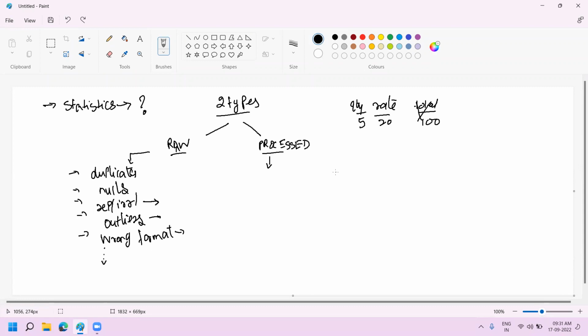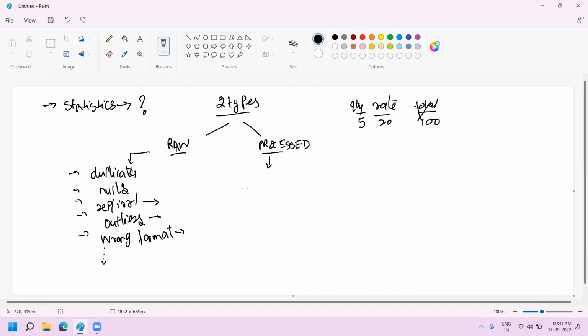Everything is in text format. Even in SQL, when I upload a CSV file, a lot of date time gets converted to text. Sometimes the format is wrong for numeric also. Where I want float, it is not float. Where I want int, it is something else. So these are wrong format data.